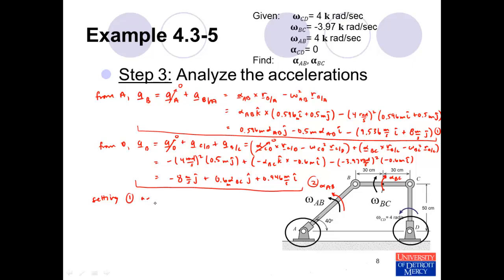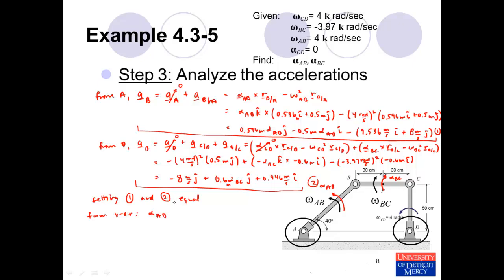Setting 1 and 2 equal, we have the alpha BC and the alpha AB. We have two equations in the sense that the x directions need to be equal and the y directions need to be equal. And so again, being a little quick with the math, from the x direction, we have this i term and this i term, and that equals this i term. So the only unknown is alpha AB, and so we can solve for that.